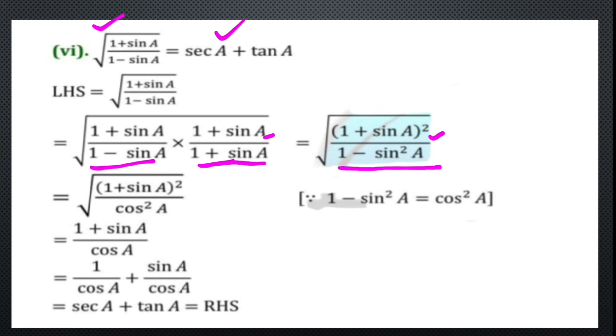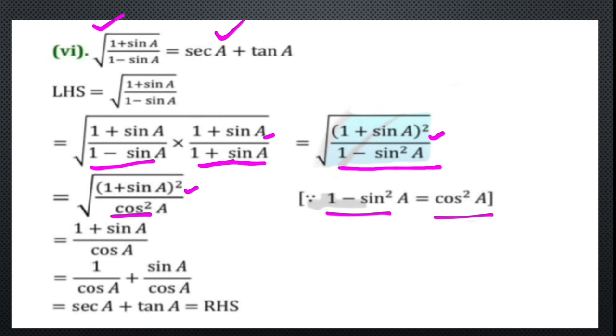So in the next line it will change into root under 1 plus sin A whole square, and 1 minus sin square A can be written as cos square A by the first identity. Now both the denominator and numerator are perfect square terms, and they are under the root.